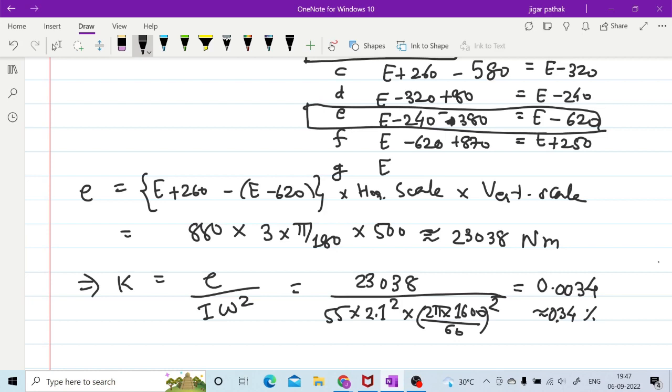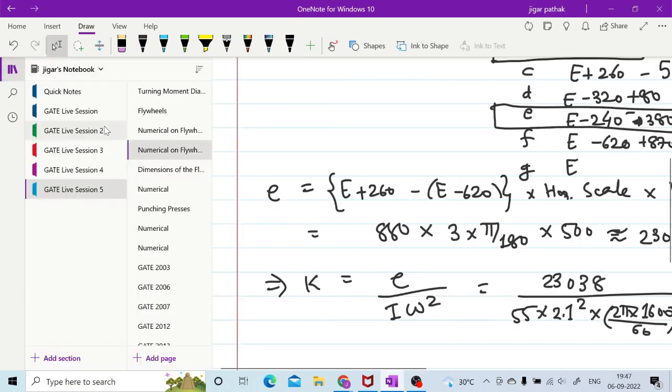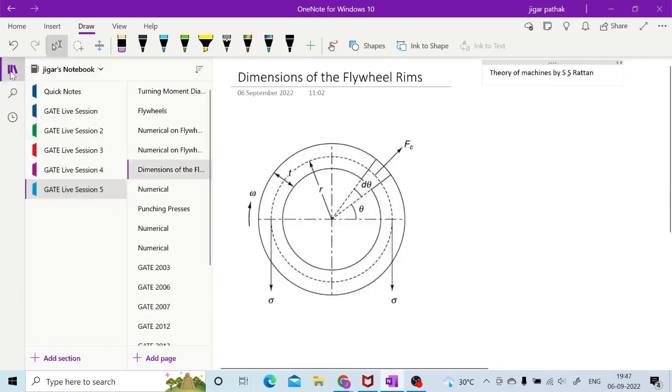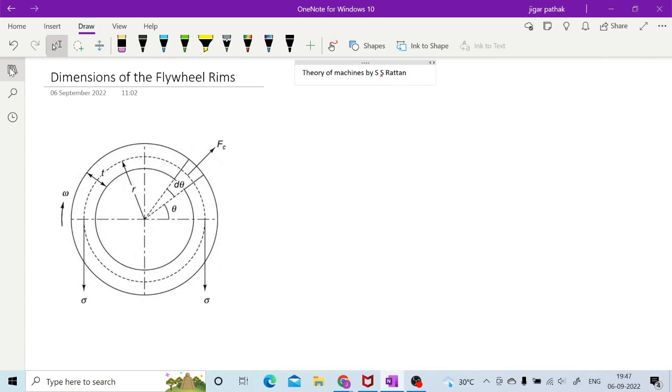Okay. Now after this, one more thing is important in case of this flywheel, that is the dimensions of this flywheel, right? If you see this given figure, this is a flywheel, which has centrifugal force acting on it for a particular area of d theta.